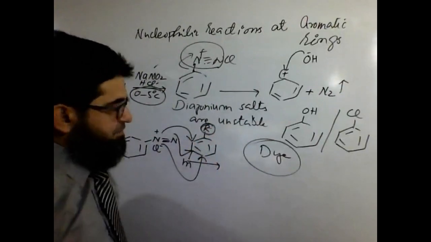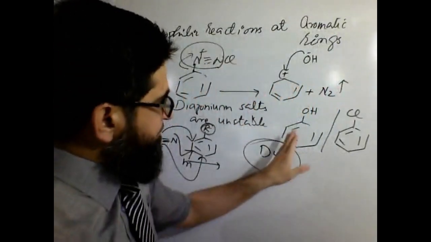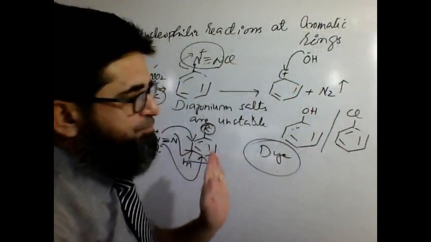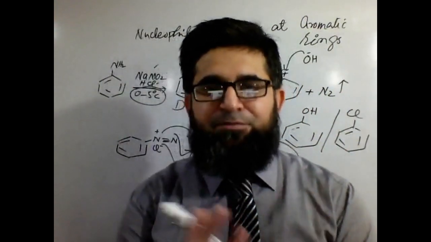So this is why we need couplers with different substituents in order to produce different dyes, or even different shades of the same color.